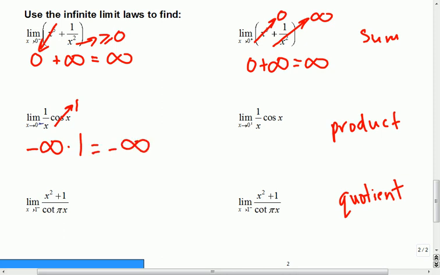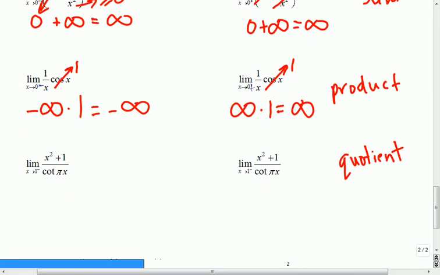Okay? On this side, that cosine of x would be 1, just like we talked about previously. If I go from the right side, it's going to be positive infinity. That's right, because numbers to the right of 0 are positive. So it was infinity times 1 is still infinity.